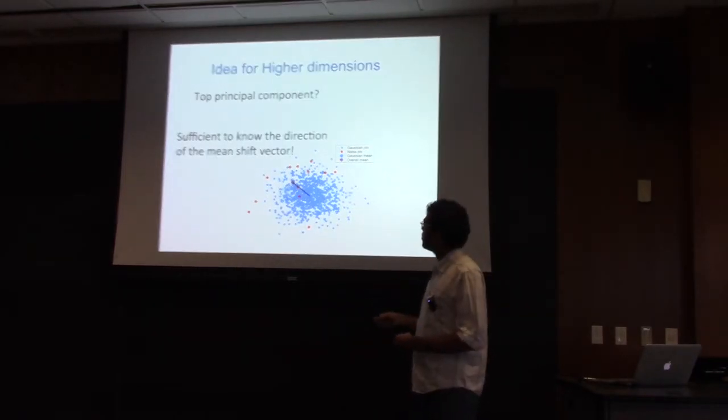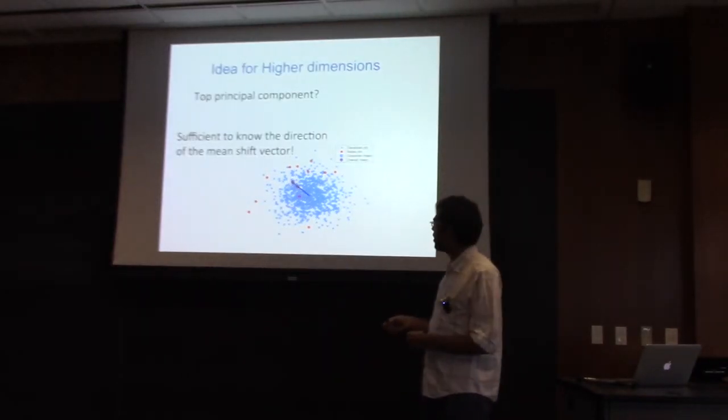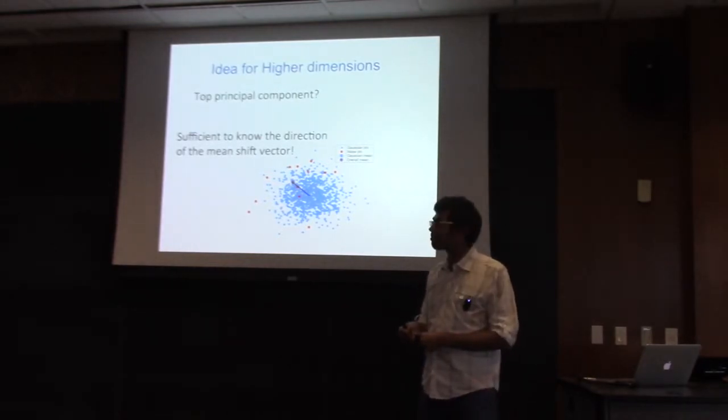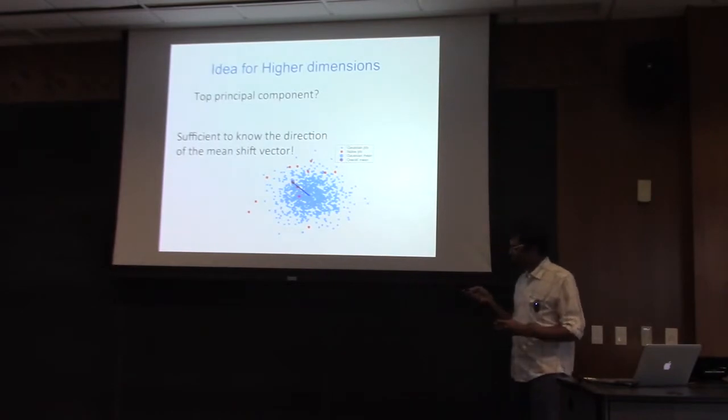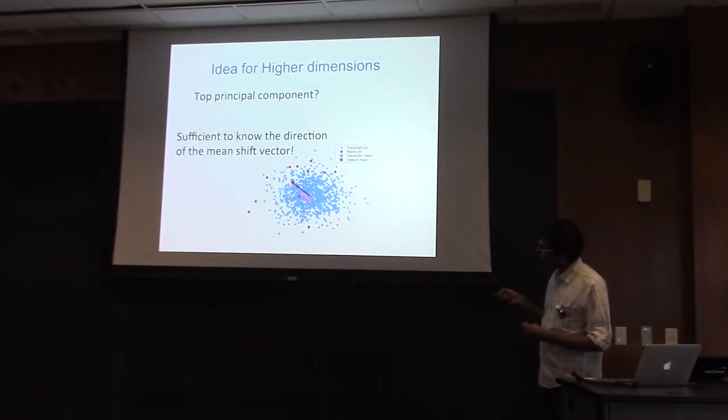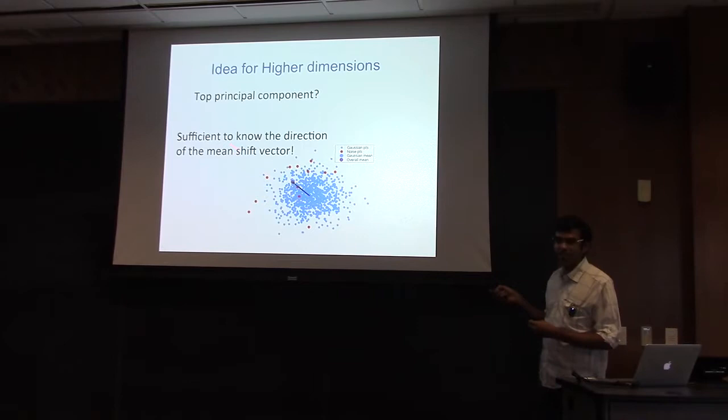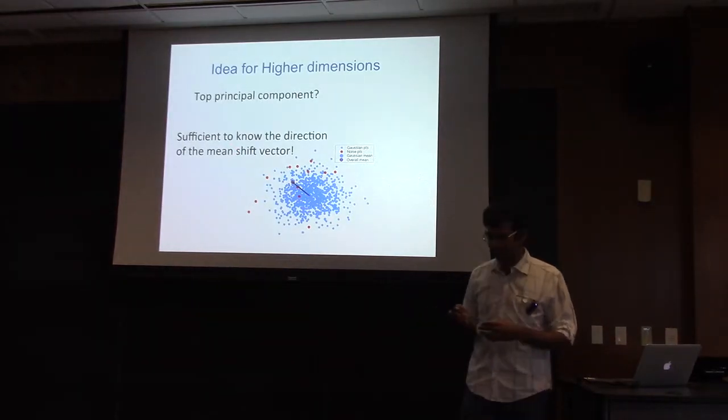So the top principal component doesn't work. But our algorithm in some sense works towards finding this mean shift direction.